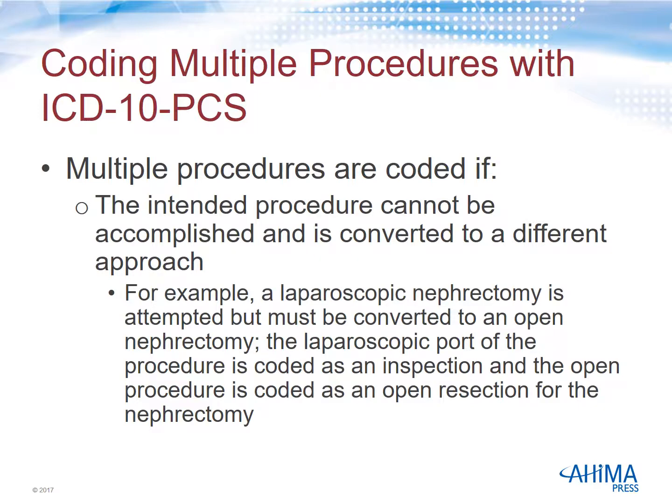The intended procedure cannot be accomplished and is converted to a different approach. For example, a laparoscopic nephrectomy is attempted but must be converted to an open nephrectomy. The laparoscopic portion of the procedure is coded as an inspection, and the open procedure is coded as an open resection for the nephrectomy.